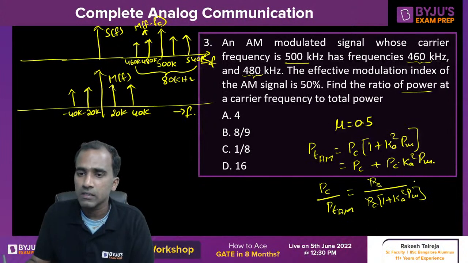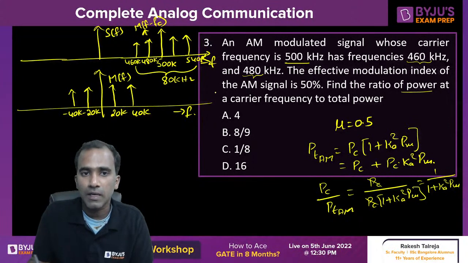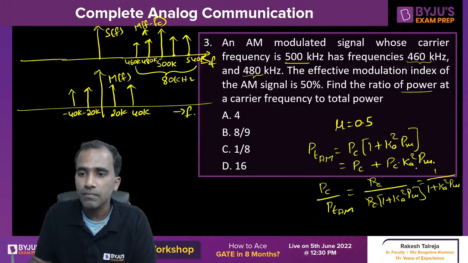PC gets cancelled, so this ratio is 1 by 1 plus K square into PM. That is the general answer. But here there are single frequencies, which means it is a sinusoidal signal only, right?